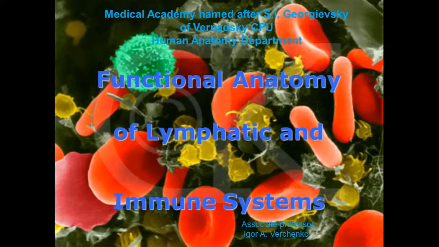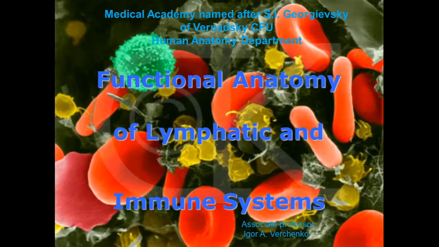Today we continue talking about the anatomy of the cardiovascular system, and the topic of our lecture today is very important. It is the functional anatomy of the lymphatic and immune system.